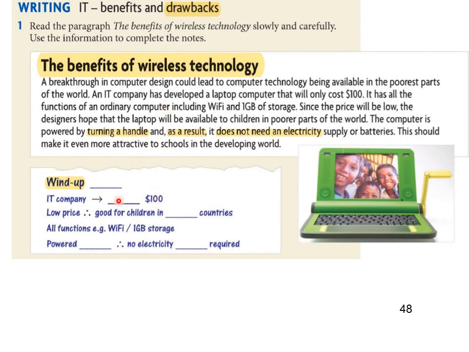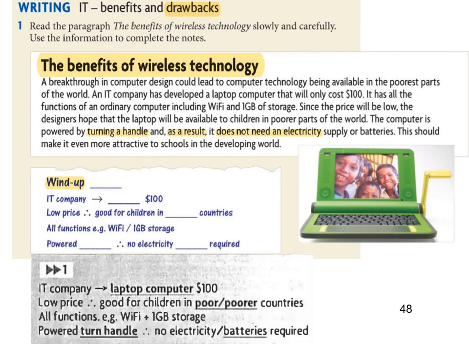If you read the text, you will be able to fill these blanks with the right answers. And I put the right answer for this text from the teacher's book. The iTech company makes laptop computers for about $100. So this exercise will give you the opportunity to learn how to make notes from a text and then use these notes to write a paragraph using your own words.